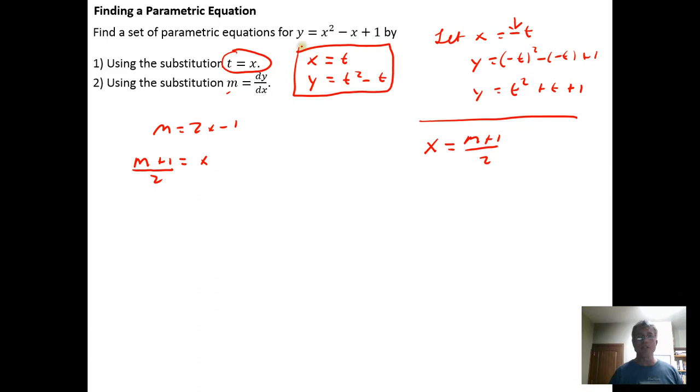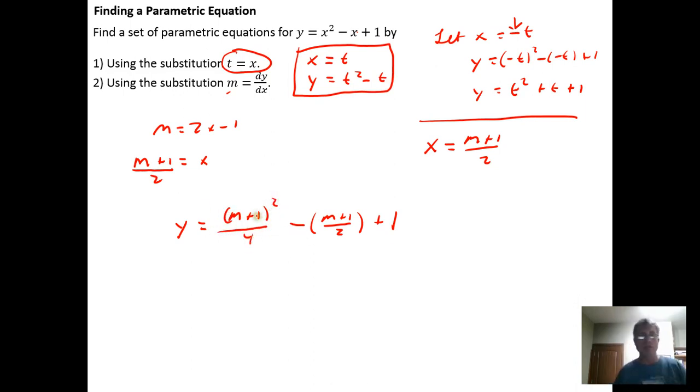And then we would just need to go into y, and everywhere we see an x, we replace that x with (m plus 1) over 2. And of course, the 2 down here would be squared. So I could rewrite this as (m plus 1) squared over 4.